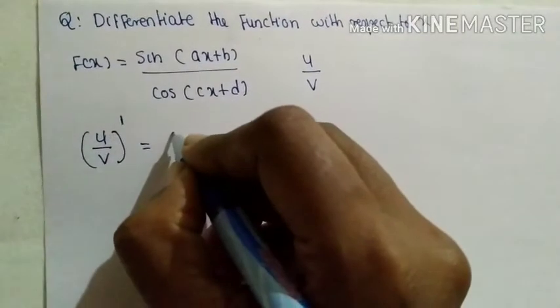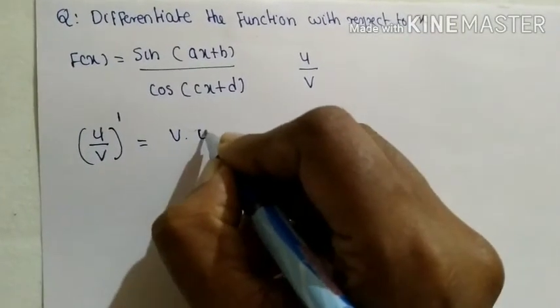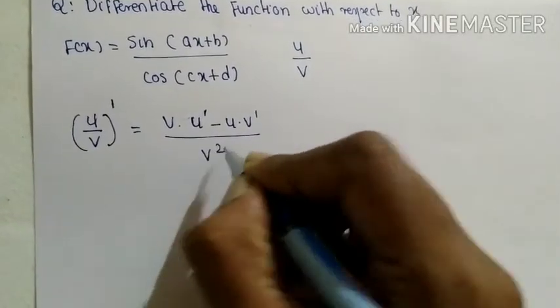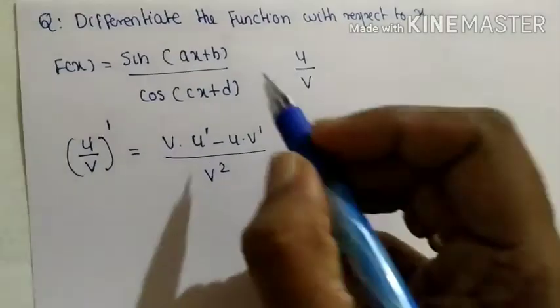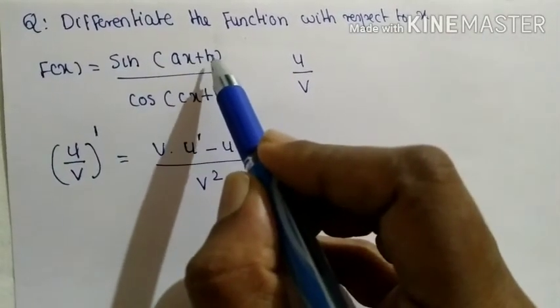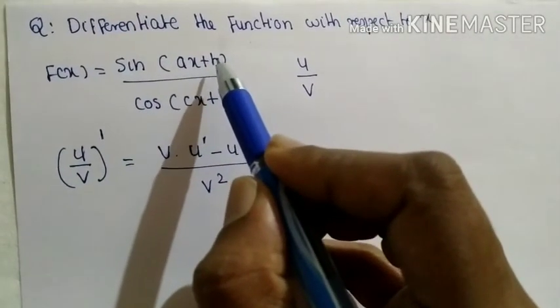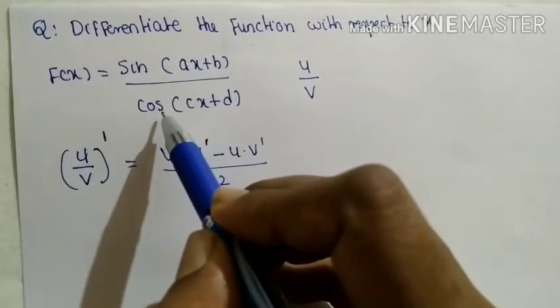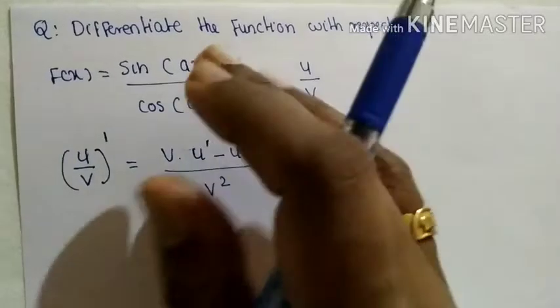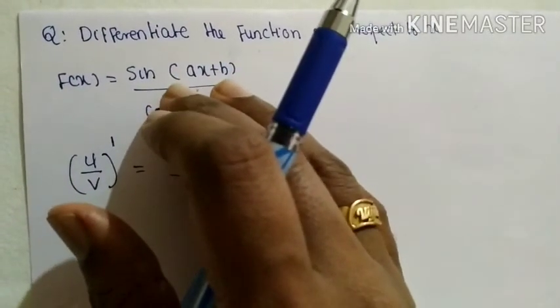We know that it is v into u dash minus u into v dash divided by v square. That is, denominator into derivative of first function minus numerator into derivative of second function, divided by denominator square.